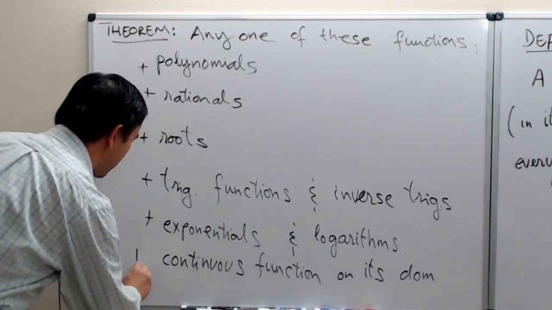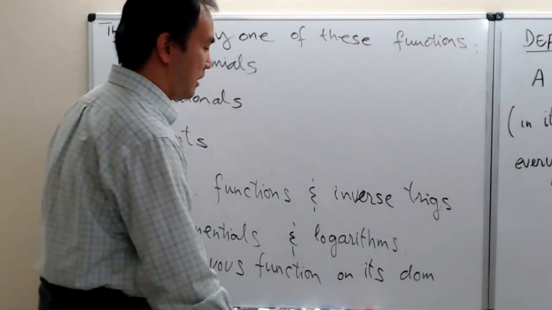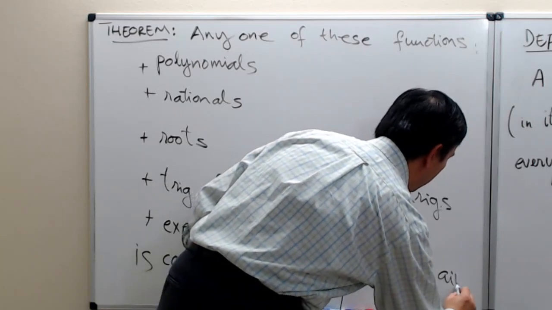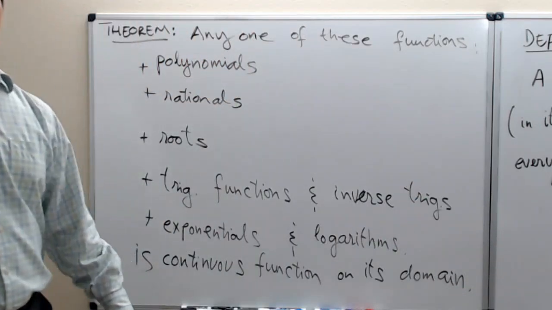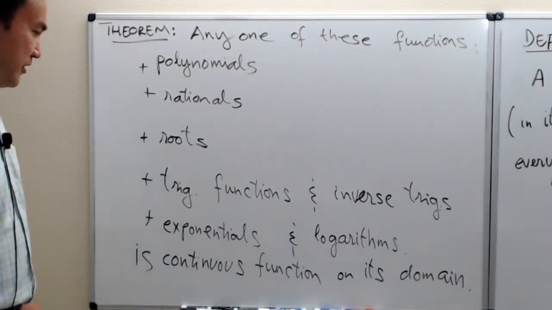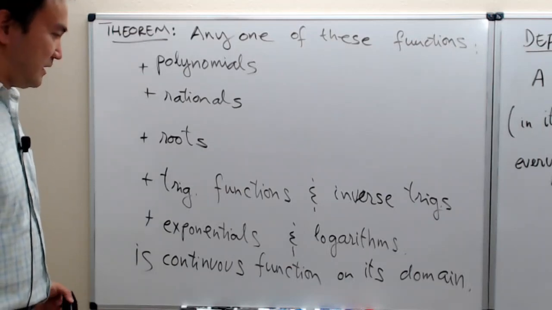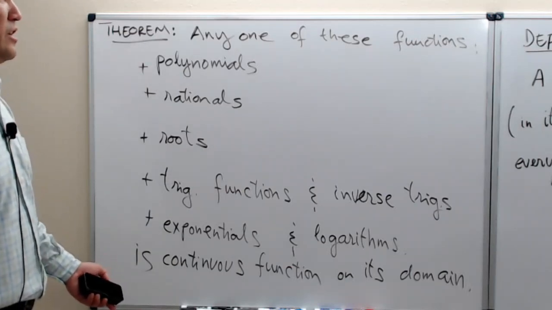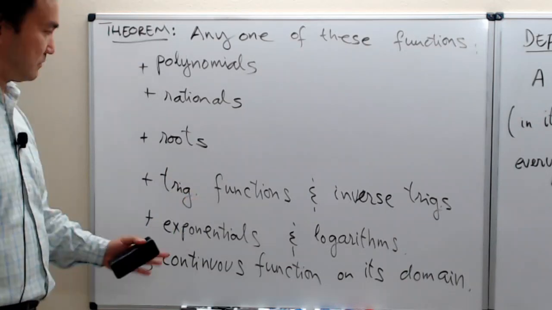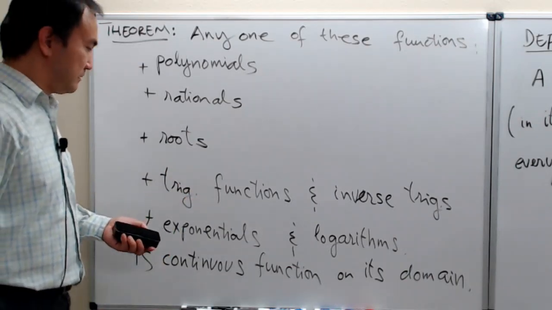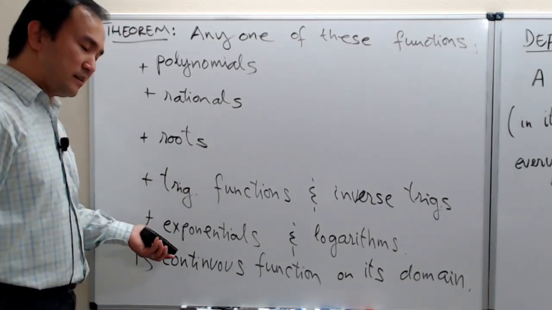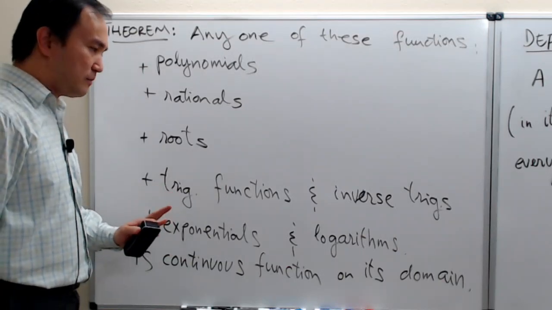I should have said this: it is continuous on its domain. It's a theorem that guarantees the truth. So now, once we have this theorem and looking at it, what is useful about this theorem?